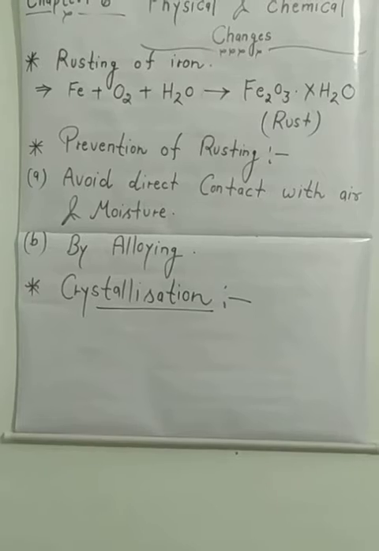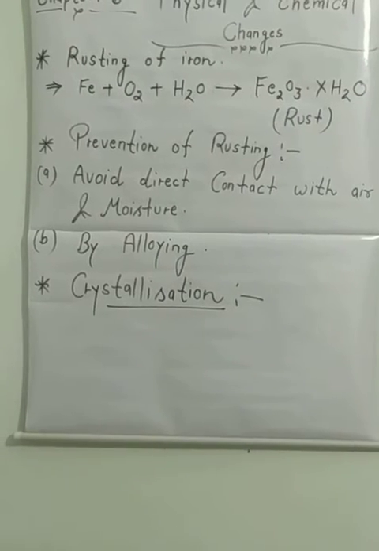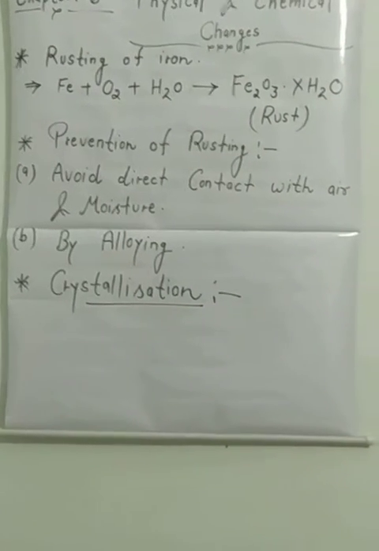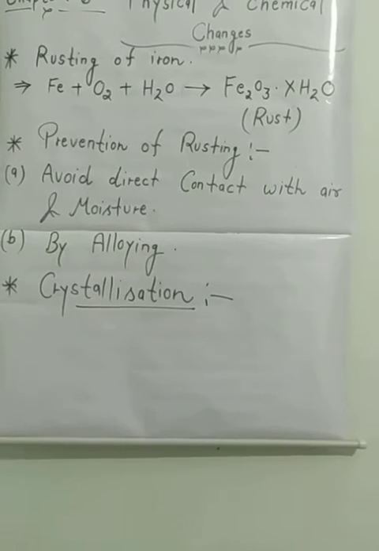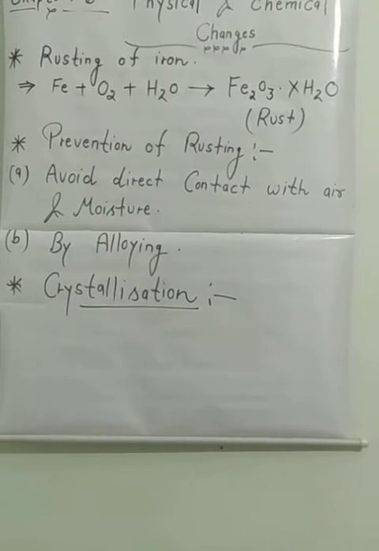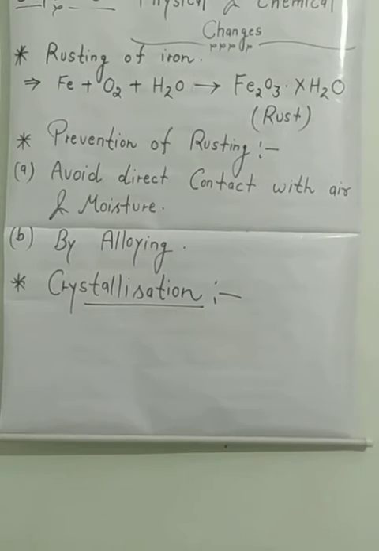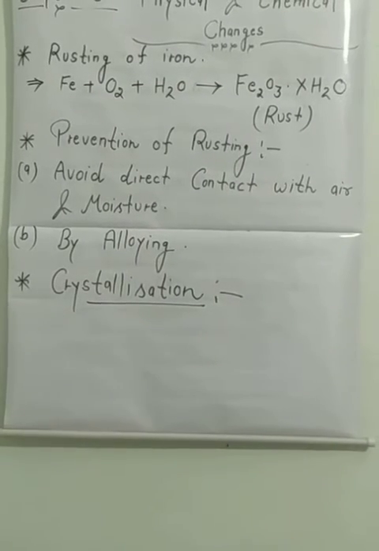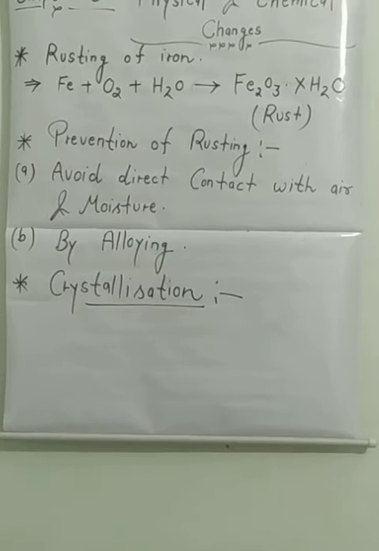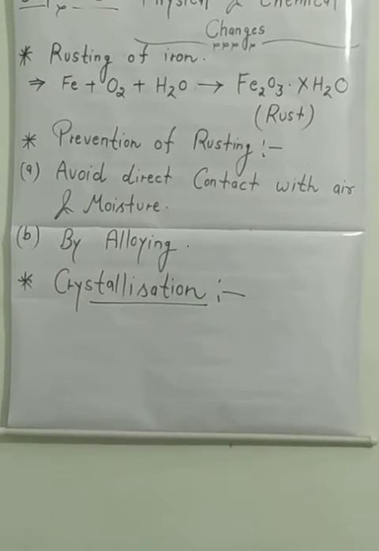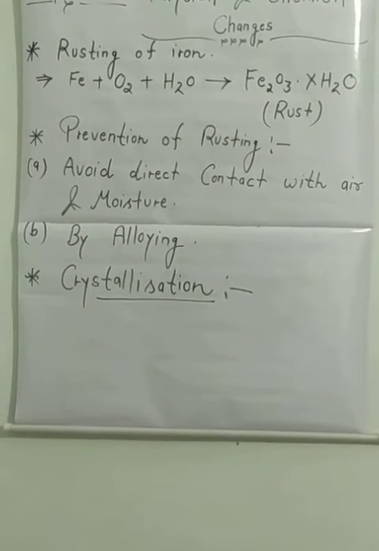Second thing, by alloying. Alloying, ma'am, what is this? Actually, alloying is the solid combination of two or more metals. Means if we mix one metal and one non-metal together, then it will form an alloy. Example is steel.